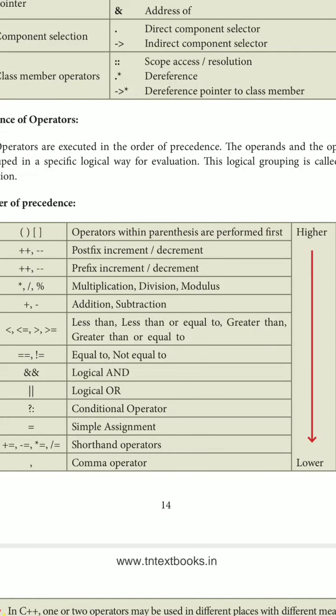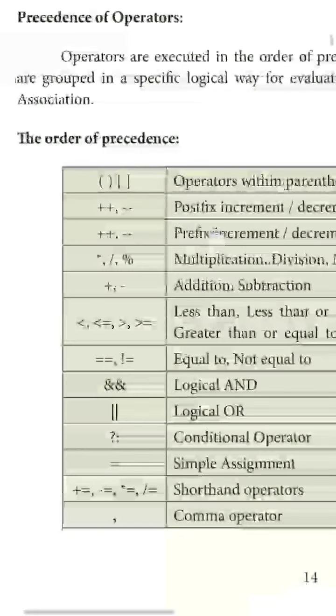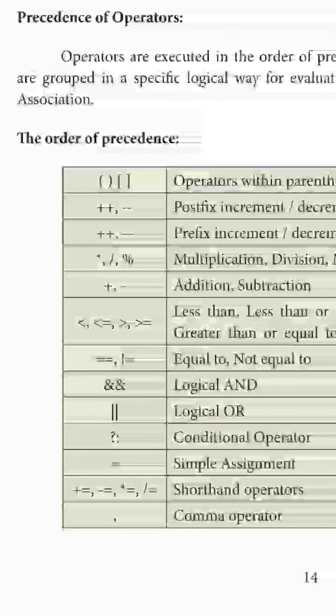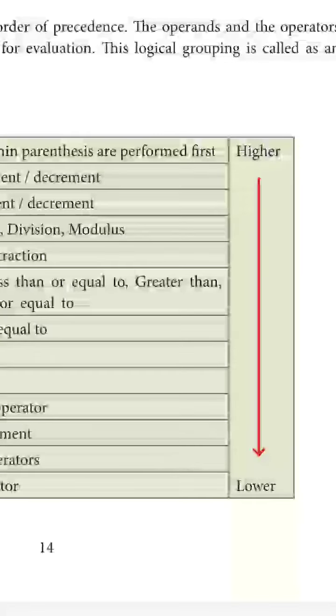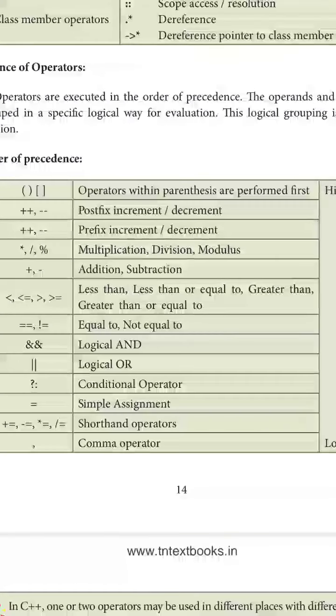That is the rule in mathematics. Likewise, in C++ also, if there is an expression, there must be an order, and it moves from higher order to lower order.